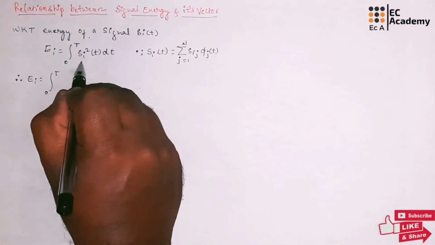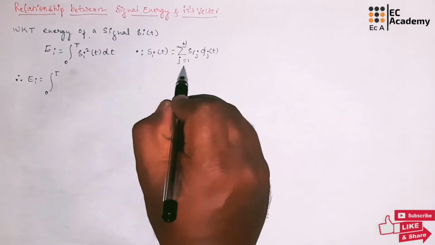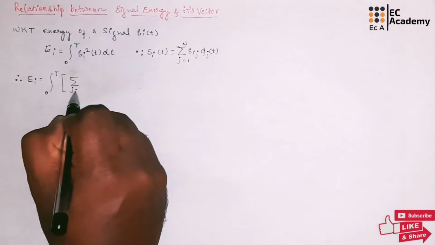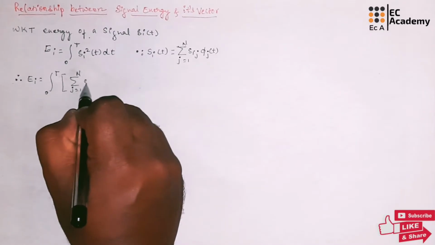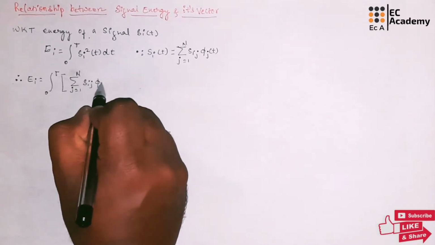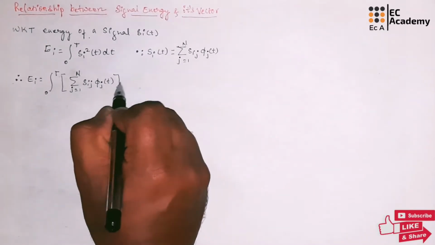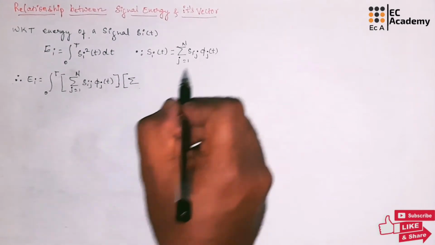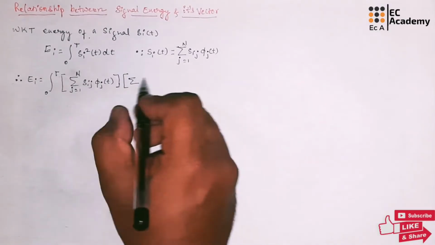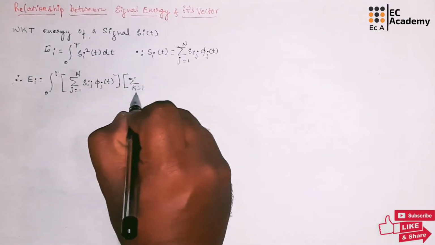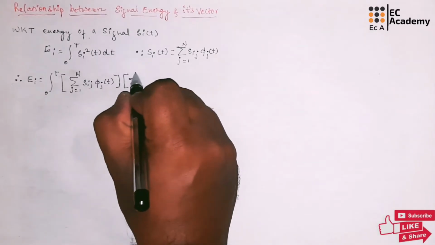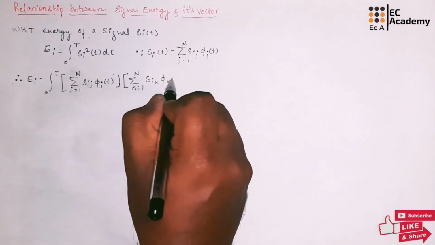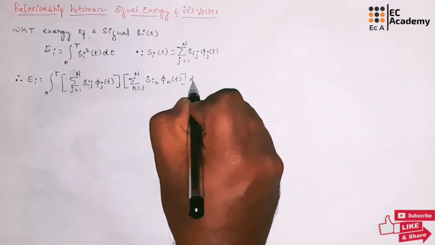Since we are having Si square here, we need to write this summation 2 times. So we will write summation of j is equal to 1 to n Sij phi j of t, into summation of, here we will use a different variable other than j, so let us take a variable k here, summation of k is equal to 1 to n Sik phi k of t dt.